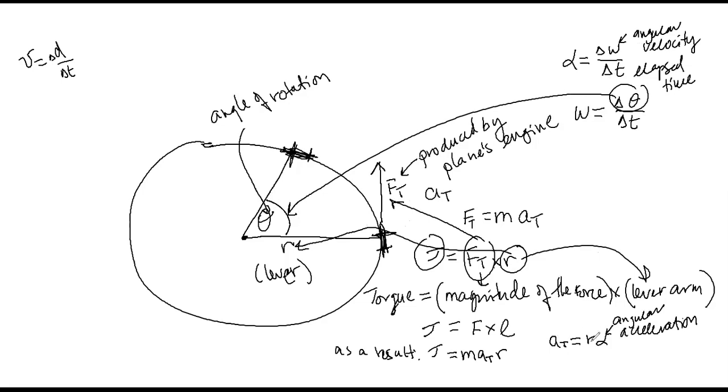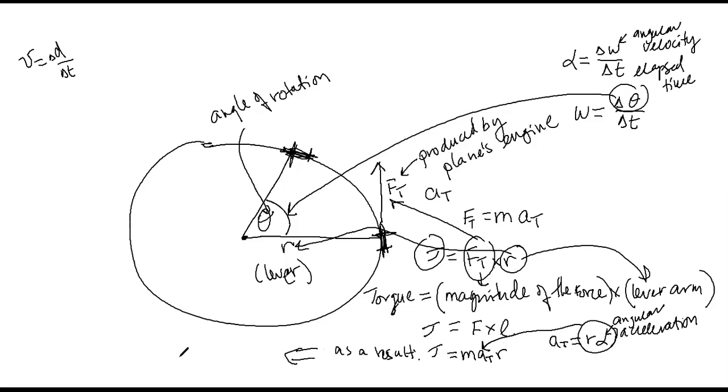So now I have my acceleration defined in terms of R and alpha, where R is this arm of the lever, the length of it, and alpha is my angular acceleration. Now I can substitute this instead of my a sub t right here in my torque expression.